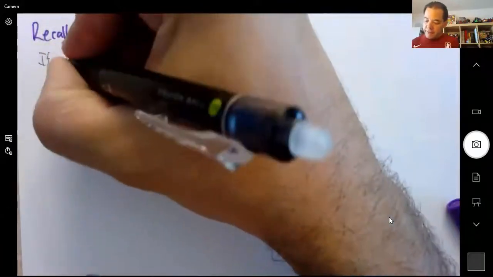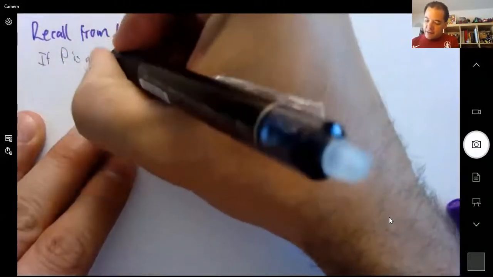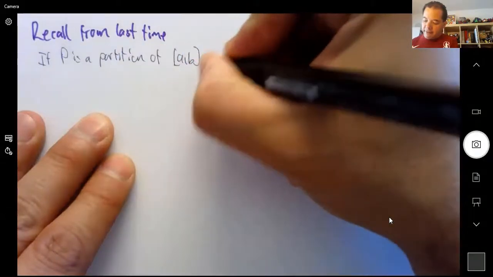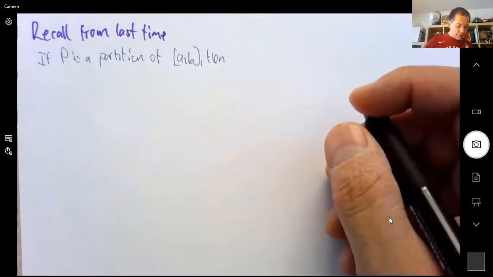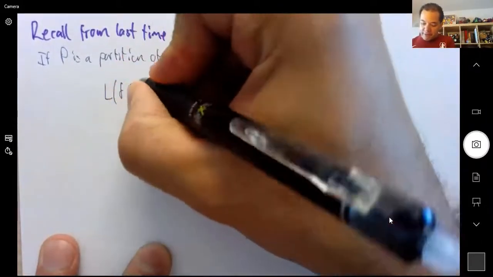So if P is a partition of the interval AB, then we define the lower sum and the upper sum with respect to P as this.